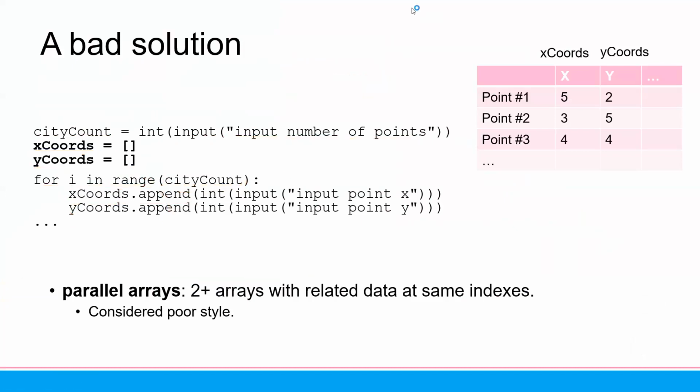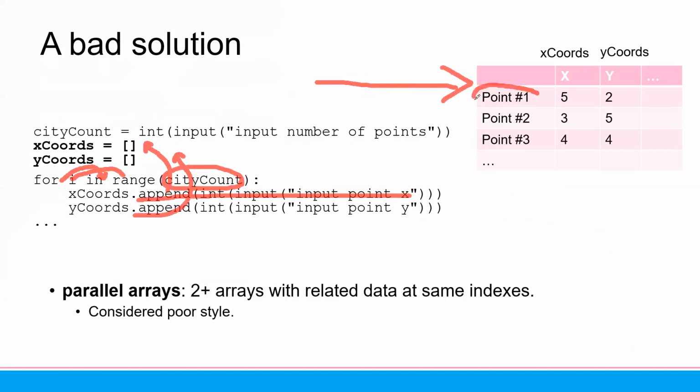And then I will go to the next value of i, and I will input the X coordinate into index number 1, and the Y coordinate into index number 1 of the Y coordinates, and so on until we reach the city count. Now I can represent the data something like this.